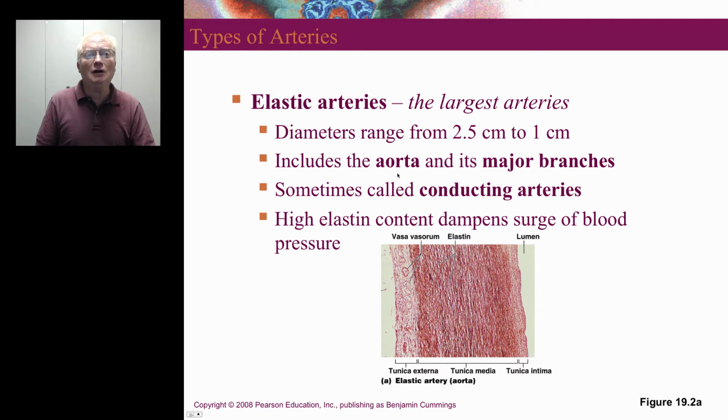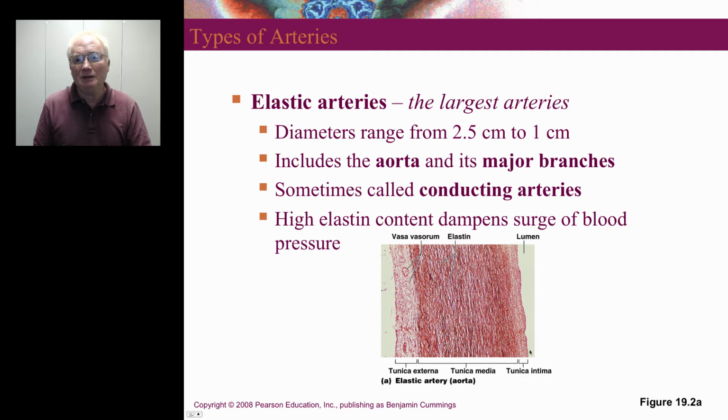The elastic arteries include the aorta, the largest artery in the body, and the major branches. Sometimes they're called conducting arteries. And they have, like all blood vessels, the tunica intima and the simple squamous cells that line the lumen of the blood vessels.